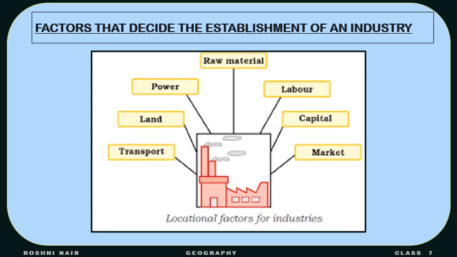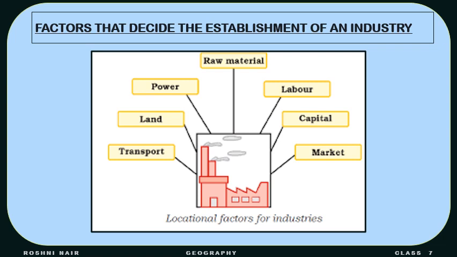Then from the beginning, like we can say from 6th standard, we are studying in history chapters that many places which are situated near to seaports will help in export.